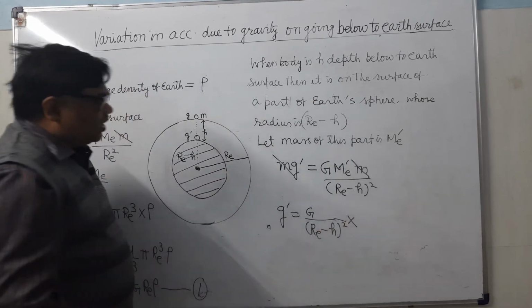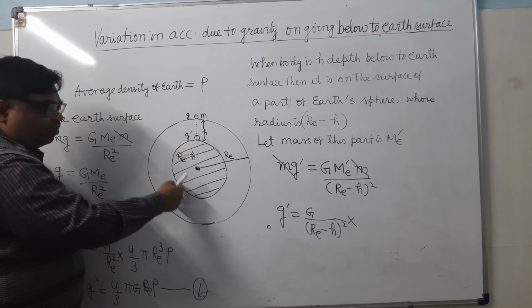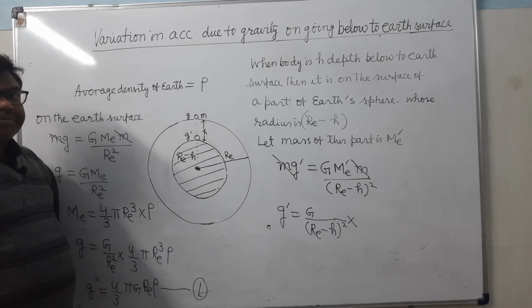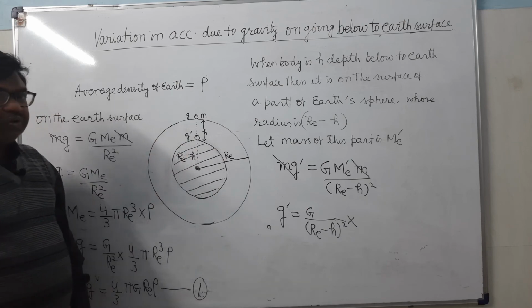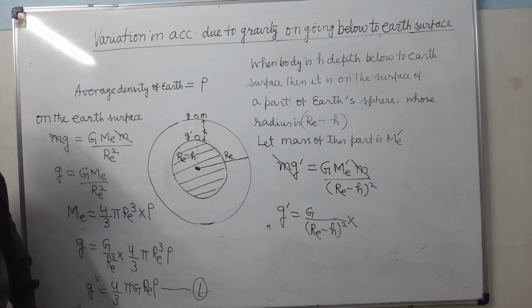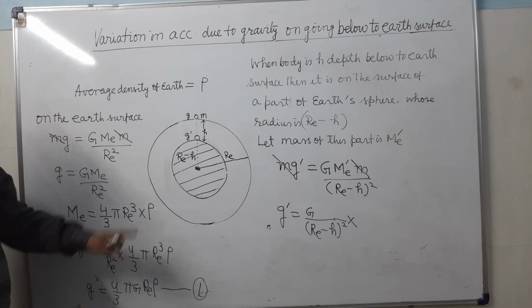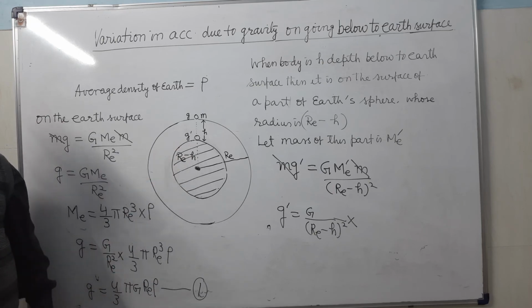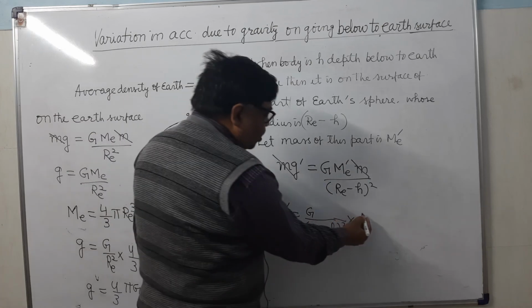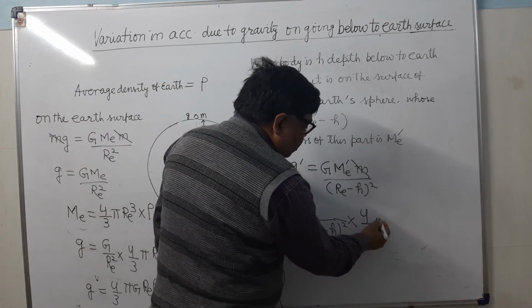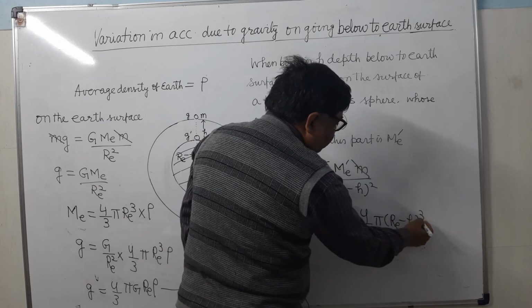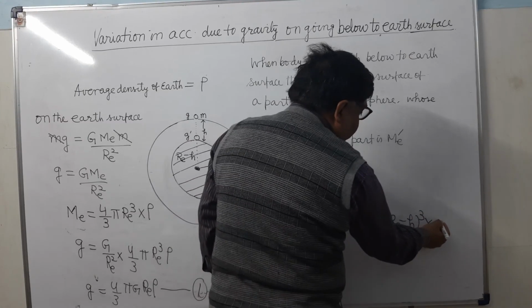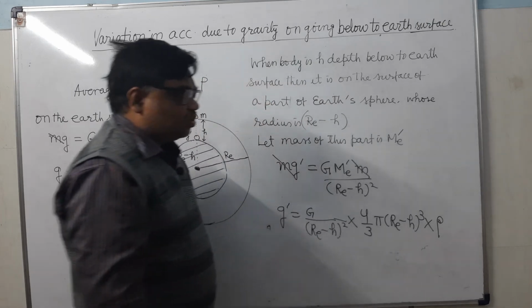What will be me dash? Me dash will be volume of this multiplied by density. So what will be its volume? Volume will be 4/3 pi (RE minus h) whole cube into average density rho.